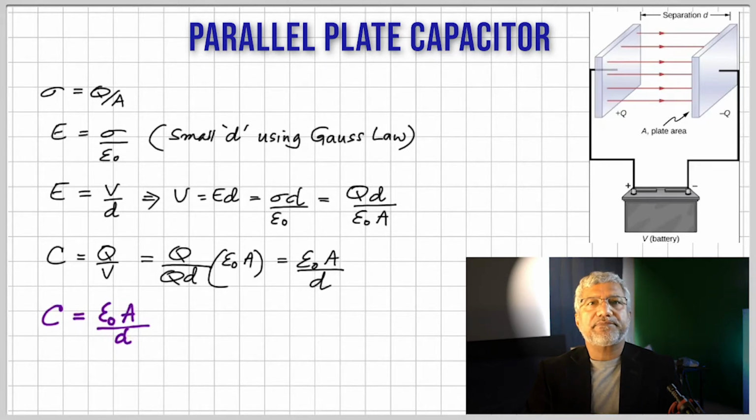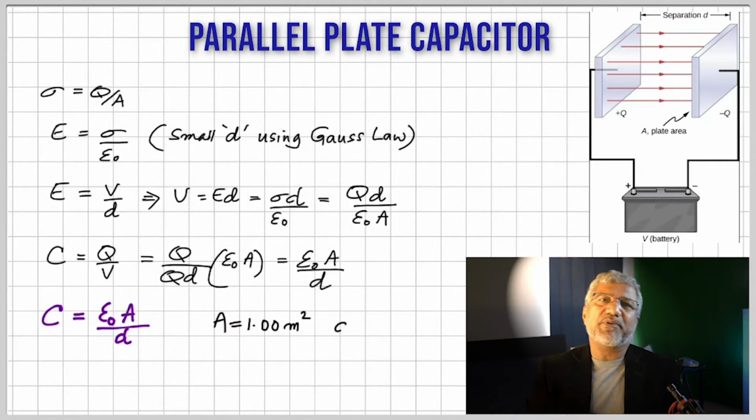That means if instead of air, you have mica, then the capacitance of that capacitor has become 7 times more. Without changing the area or the distance between the plates, just by inserting a piece of mica, the capacitance has become 7 times more than what it would be with air as the dielectric. So we will go into details of that later on.